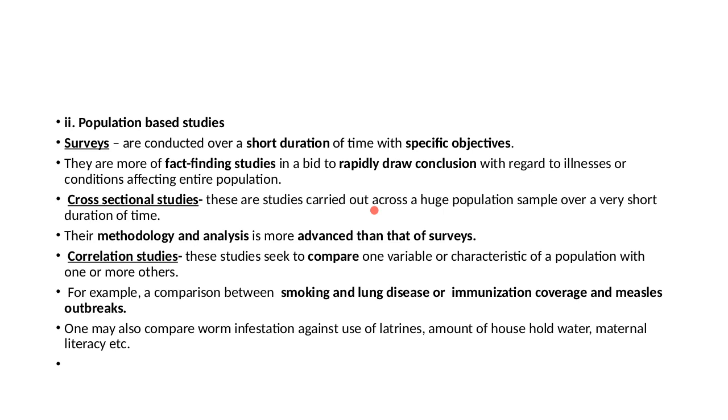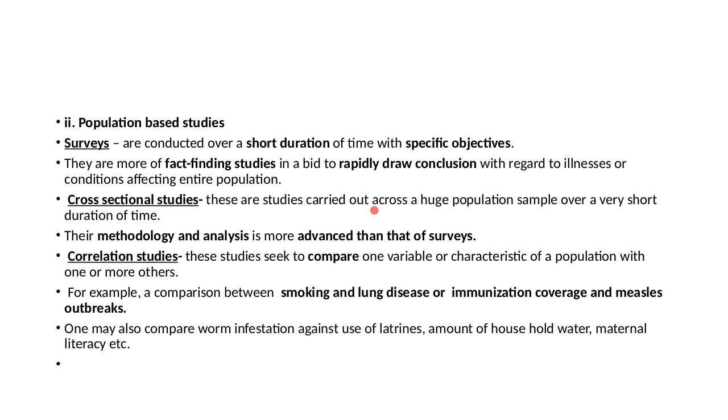Then another type of population-based studies, correlation studies, and these studies seek to compare one variable or characteristic of a population with one or more others. For example, a comparison between smoking and lung disease, or immunization coverage and measles outbreaks.